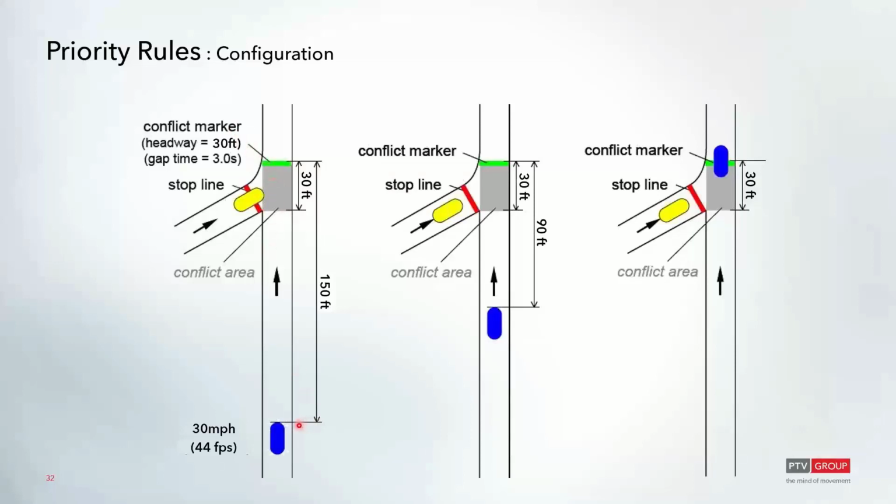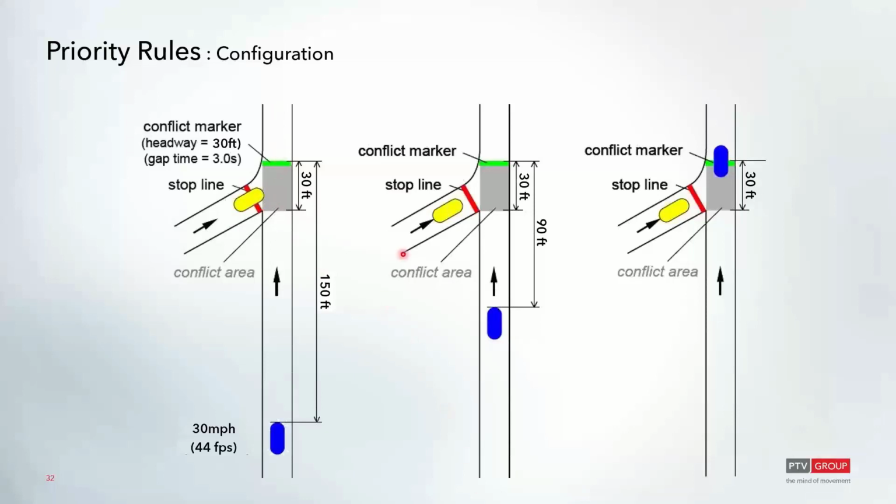And then its gap time is also greater. So we have the current vehicle going to have a gap time of about 3.4 seconds, whereas the minimum gap time is 3 seconds. So in this case, since both of those fall above those minimum values, that yellow vehicle will be allowed to proceed and enter into that main traffic flow.